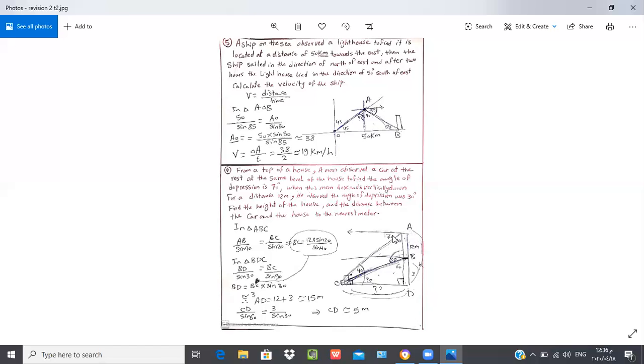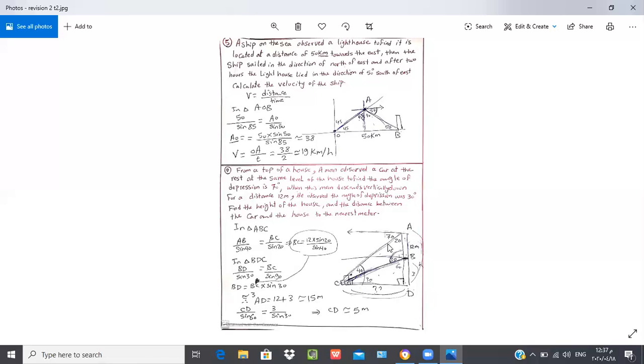This angle is 70. If you use alternate angles, all of this angle will be 70. This angle 30 is alternate with this one, so this part is 30. So the upper part will be 40. In the big triangle, 90 and 70, so this one is 20.